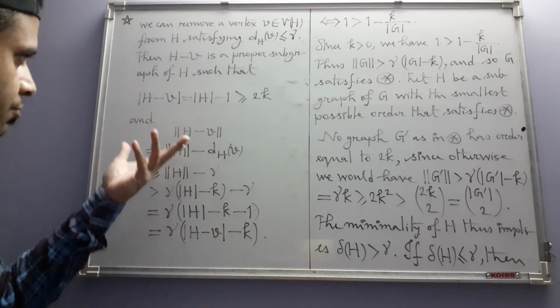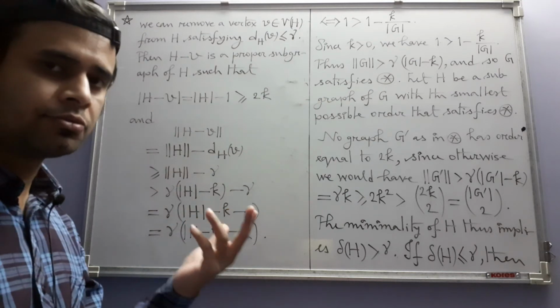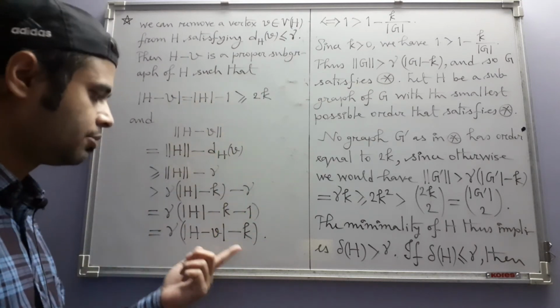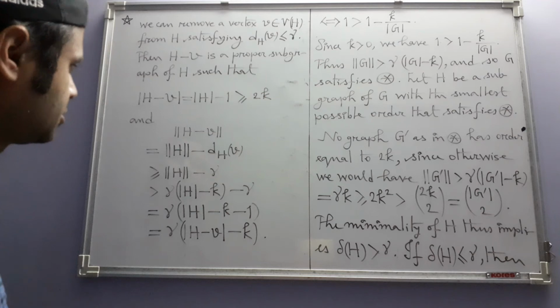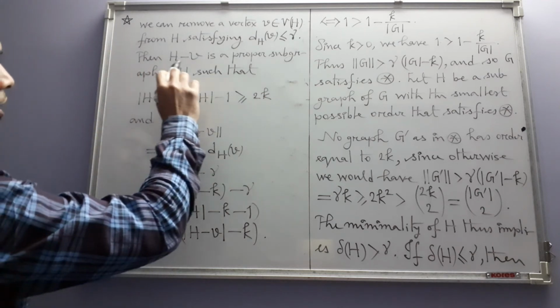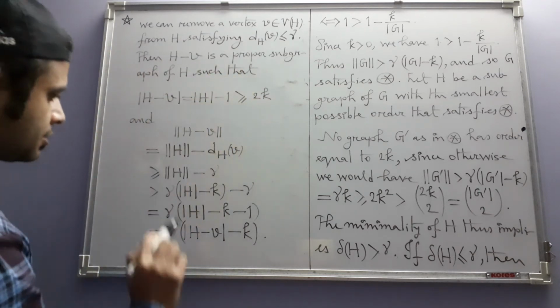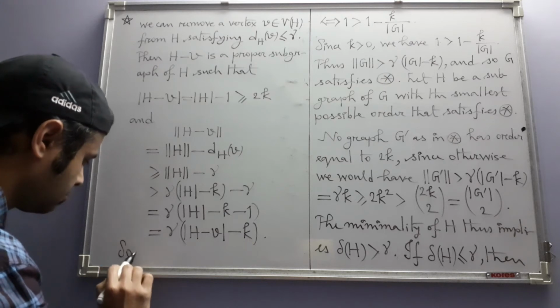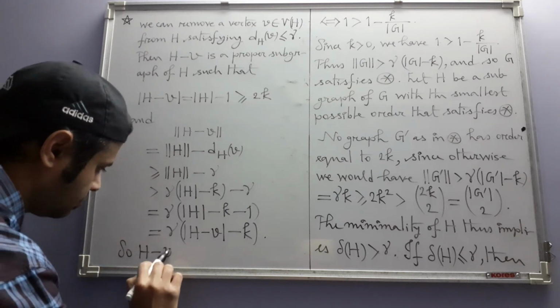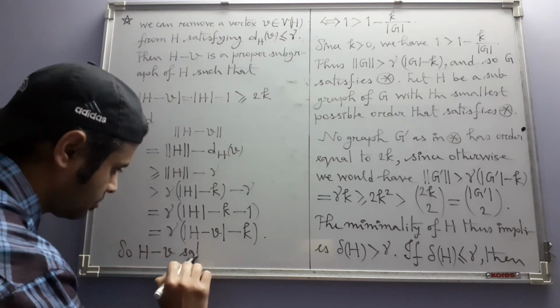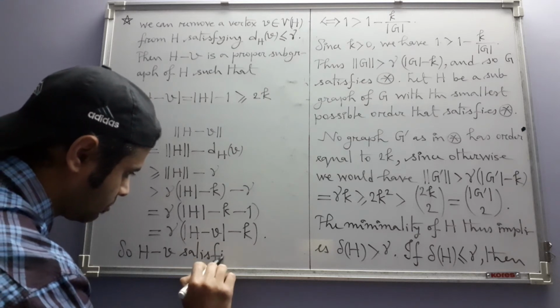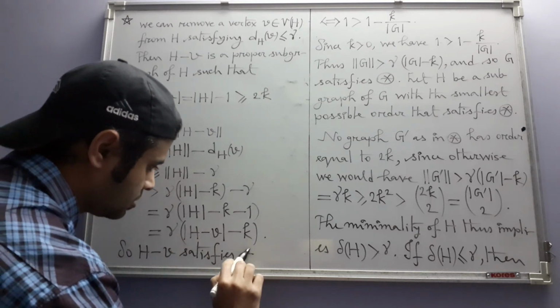So H minus V is a subgraph of G satisfying both the inequalities in star, that is, it satisfies star. Then H minus V is a proper subgraph of H that satisfies star.